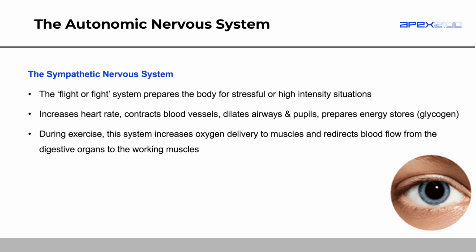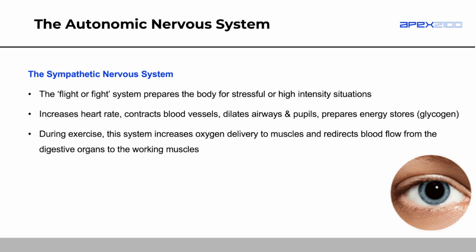Now, the sympathetic nervous system, we said before, is our fight or flight system, and it prepares the body for stressful or high intensity situations. Its main job is to increase our heart rate, constrict or contract our blood vessels, dilate our airways and pupils, and prepare energy stores. So it prepares glycogen to be broken down into glucose for quick energy availability.